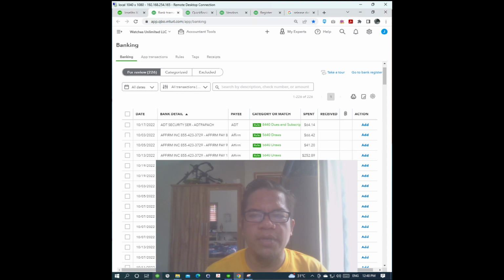I will then refer to the categorized transactions of that particular vendor in the vendor and supplier page in QuickBooks to see what category is used for the transactions of that vendor. I will then use the same account category to categorize the new and uncategorized transactions of that vendor.